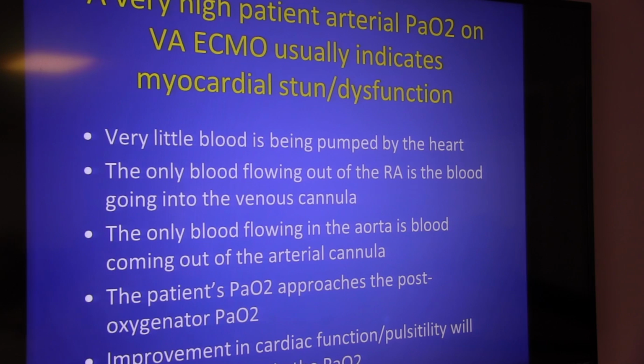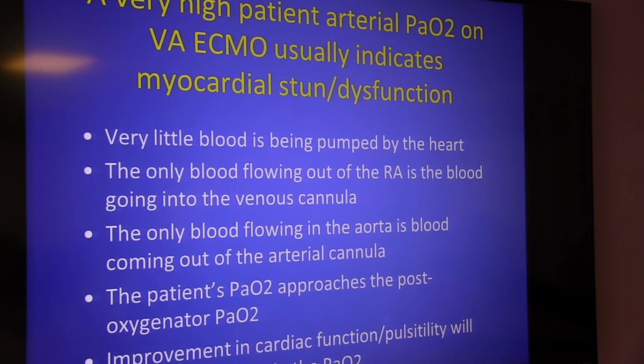So you're saying that if the heart's done, you don't have much oxygen consumption by the heart, it's not going through the coronary sinuses back through the lungs and mixing with it, decreasing it? Exactly. It's not that you don't have much metabolic demand from the heart, it's that, relatively speaking, your patient's oxygenation is a combination of the proportion of blood coming from the ECMO circuit versus the proportion of blood coming from the patient's heart, and then the oxygenation of both of those two different sources.